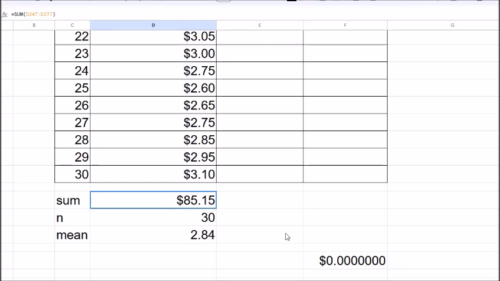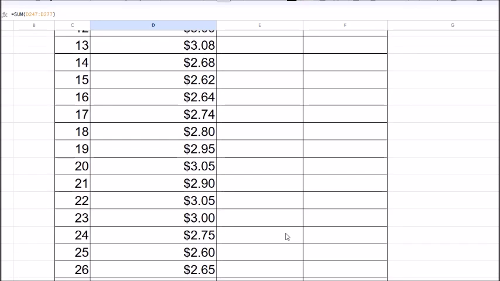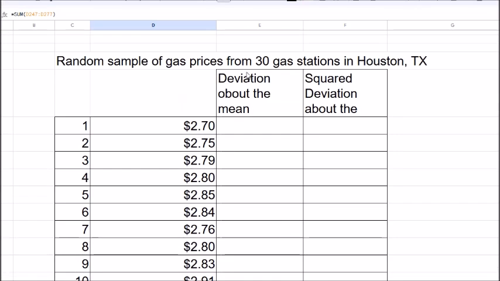And then to calculate the sample variance, the first thing we need to do is calculate something called the deviation about the mean. So we just do equal $2.70 minus the sample mean, which is $2.84.